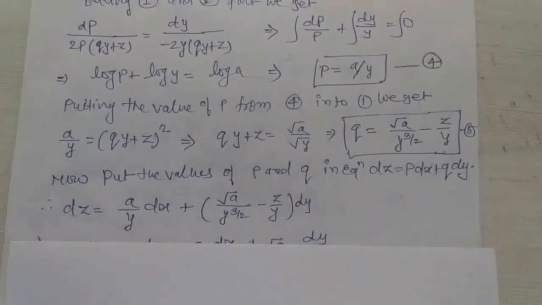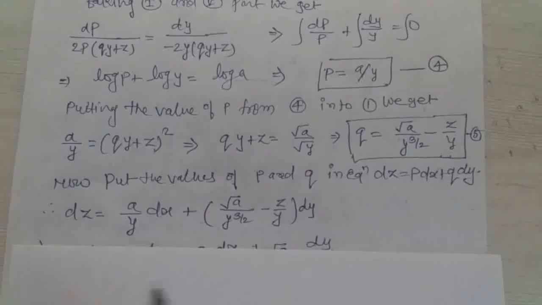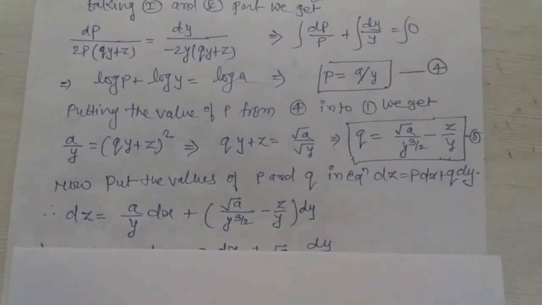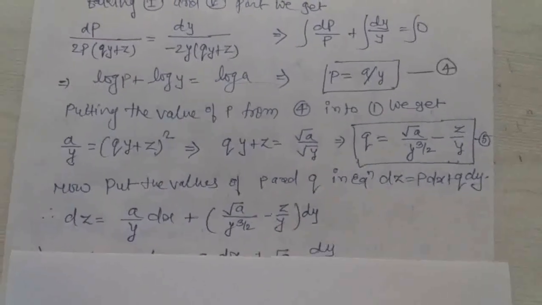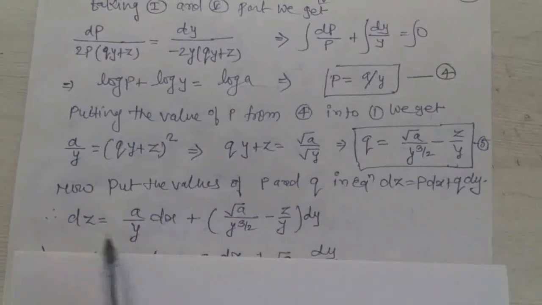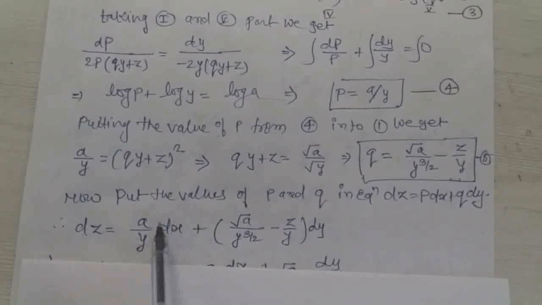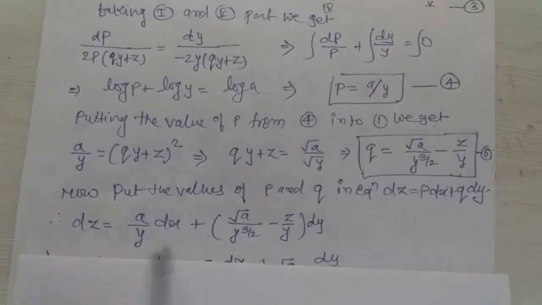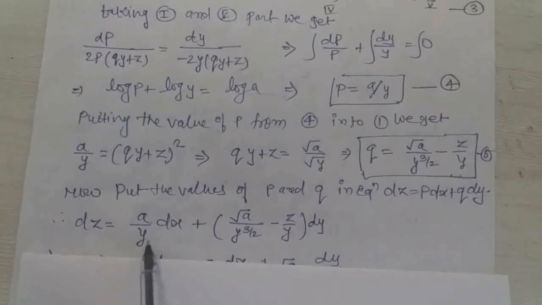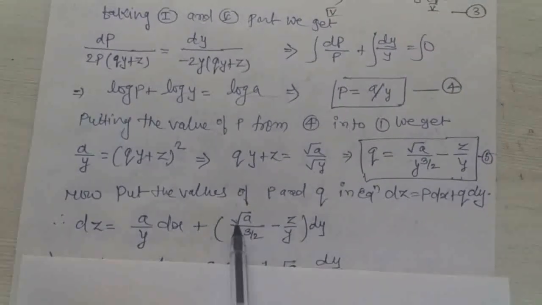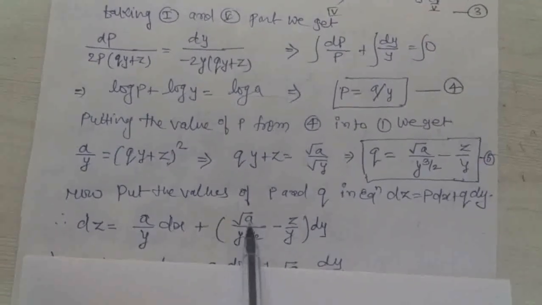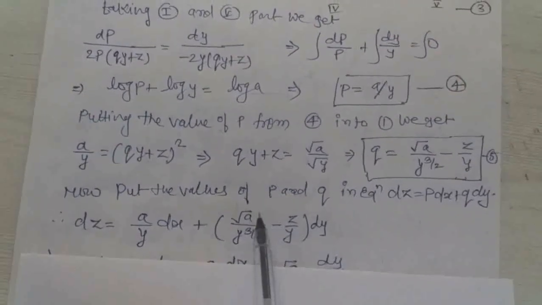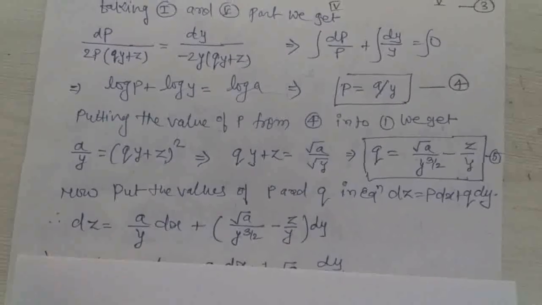Now we have to integrate this. First we see in which terms the variables are separated. That term can be integrated separately. In this term we have the integration parameter dx and variable y, so the variables are not separated. When we multiply this, we get root a constant dy upon y power 3 by 2, so the parameter is dy and the variable is y.